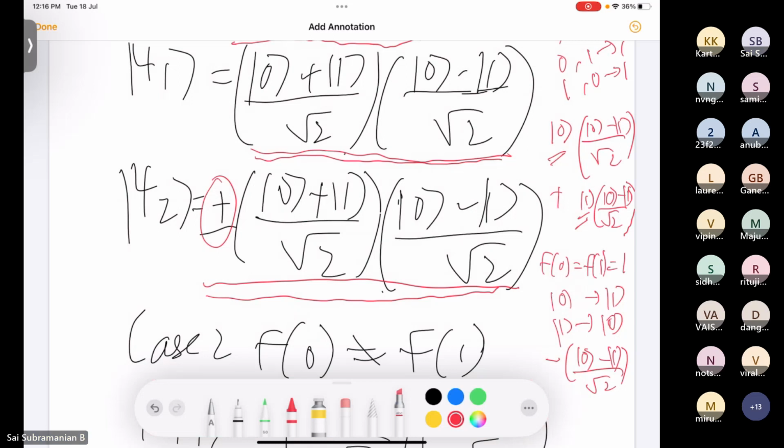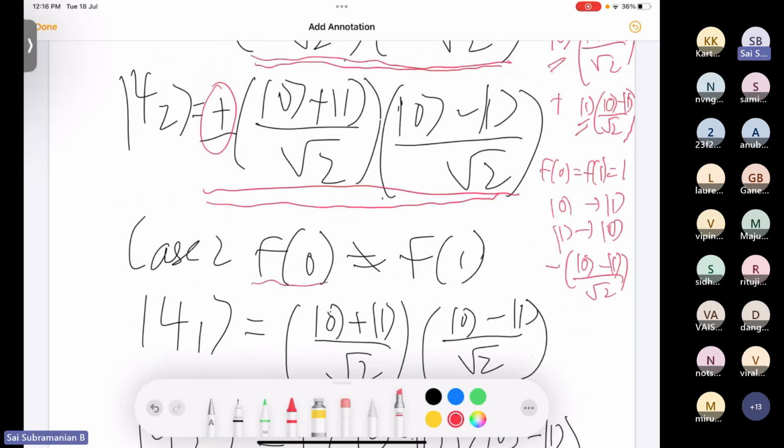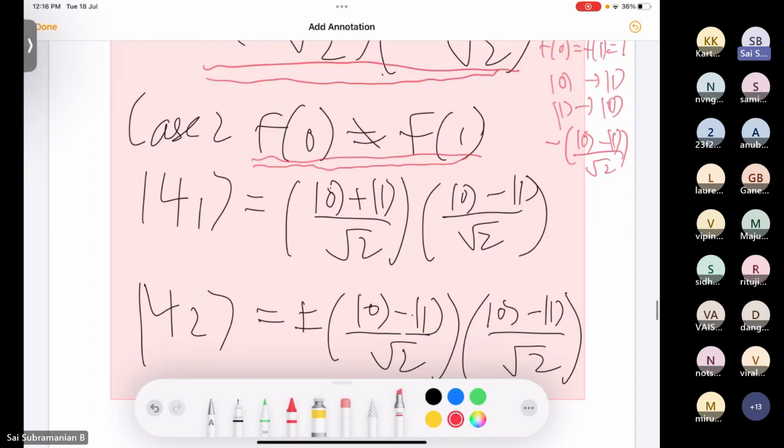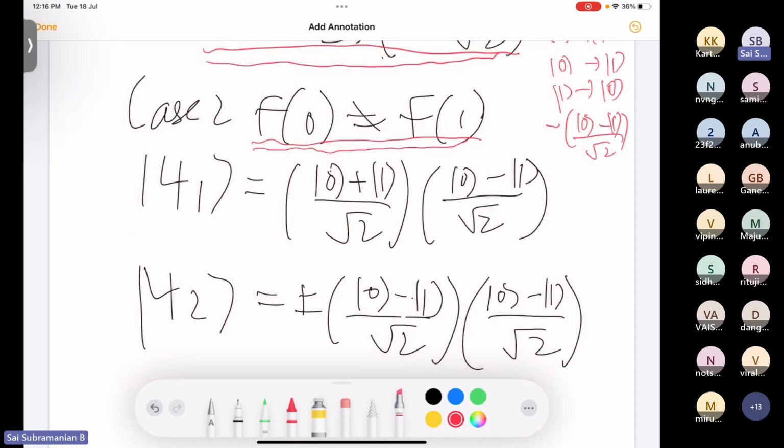Okay. What happens if f of 0 is not equal to f of 1? Let's say f of 0 is 0 and f of 1 is 1. Then we get 0 times (0 minus 1)/root 2. Nothing changes here.